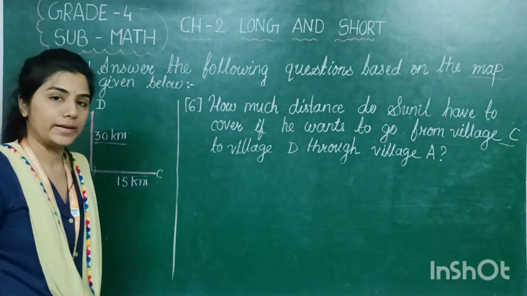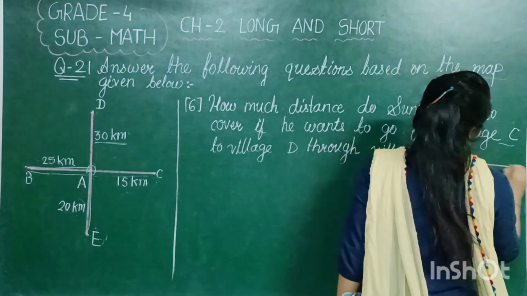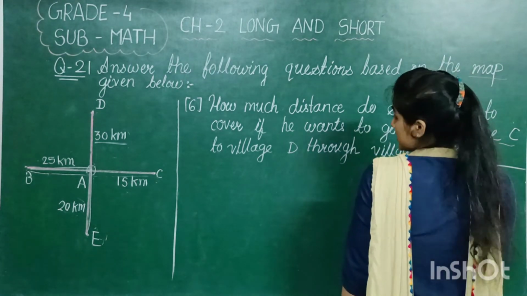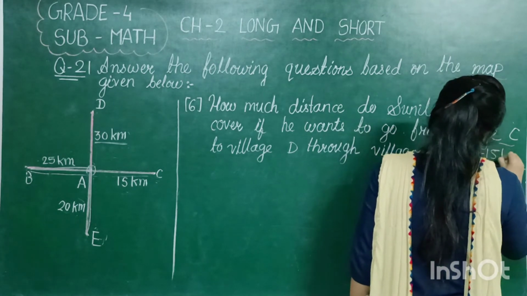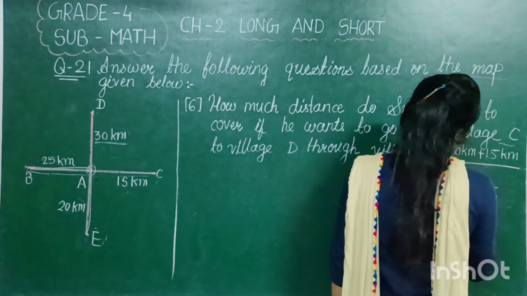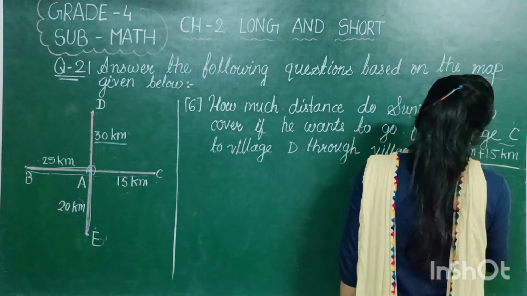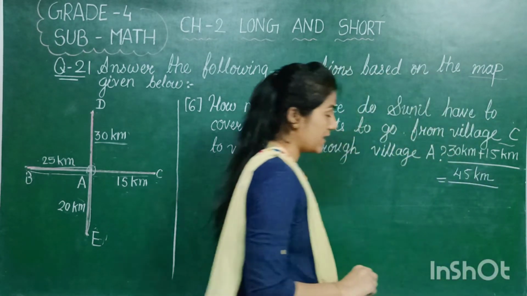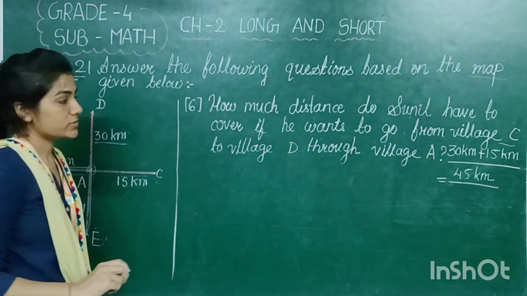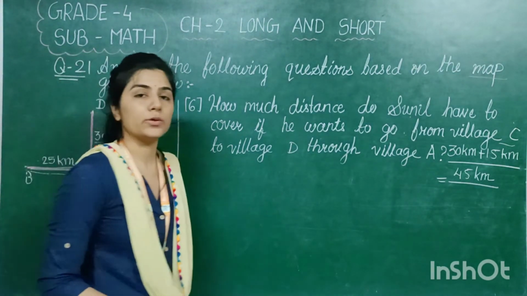We will add 30 kilometers plus 15 kilometers. So we will get the answer 45 kilometers.